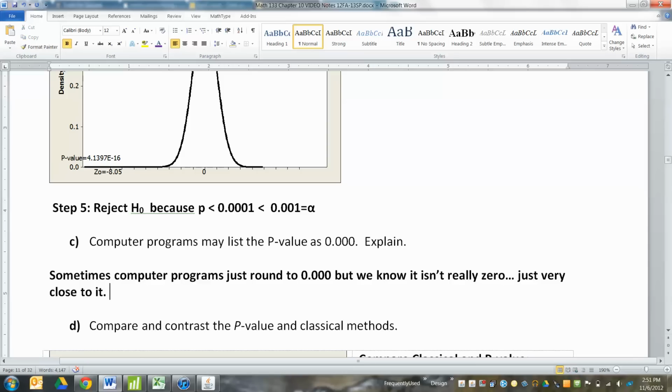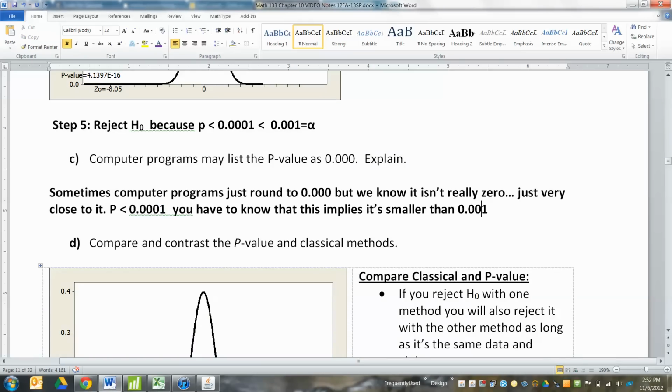If they say p is less than 0.0001, you have to know that this implies it's smaller than 0.001, right? Because if it's less than this, which is 1 out of 10,000, then that's certainly smaller than 1 out of 1,000. Tenths, hundredths, thousandths place, right? So this is 1 in the thousandths place. This is 1 in the 10,000ths place. So that is much smaller than this one.